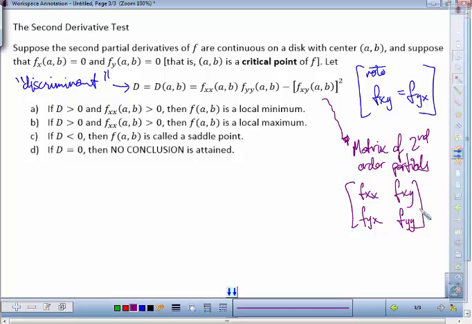And then think about the determinant. Remember how to find the determinant? You multiply through the diagonals, fxx times fyy minus fxy and fyx. And if fxy and fyx are equal, then that just turns out to be fxy squared. So finding the determinant of this would give you our discriminant.